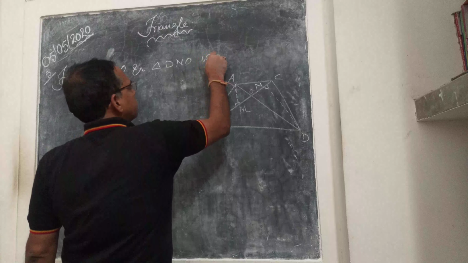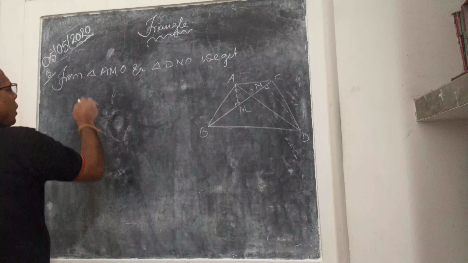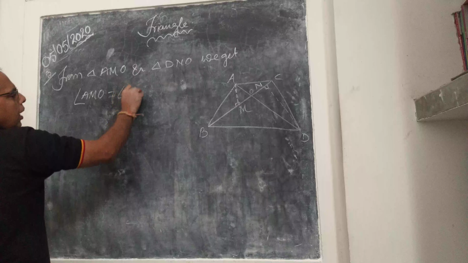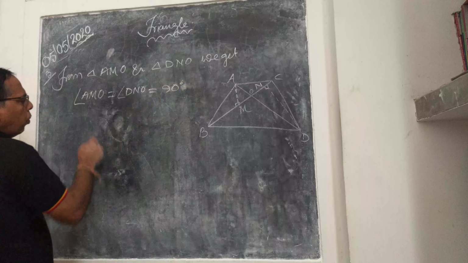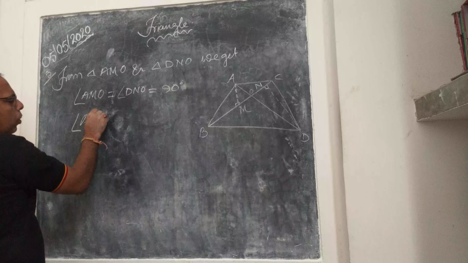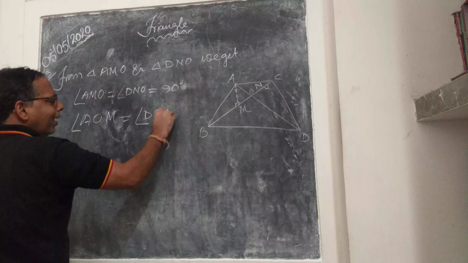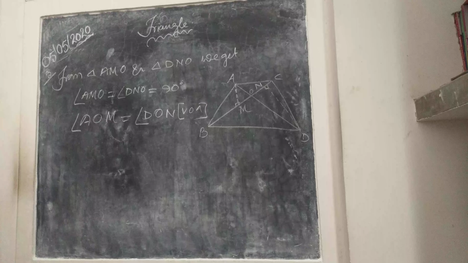We get angle AMO equal to angle DNO equal to 90 degrees. Then angle AOM equal to angle DON. Why? Vertically opposite angles.